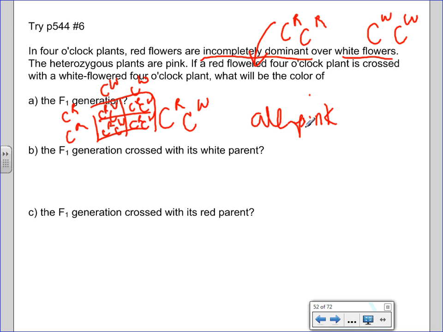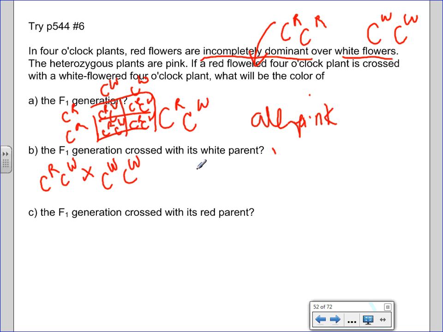The F1 generation is crossed with its white parent. So the F1 generation, we just said, would be CR CW. That's the F1 by white parent, so the white parent would be CW CW.